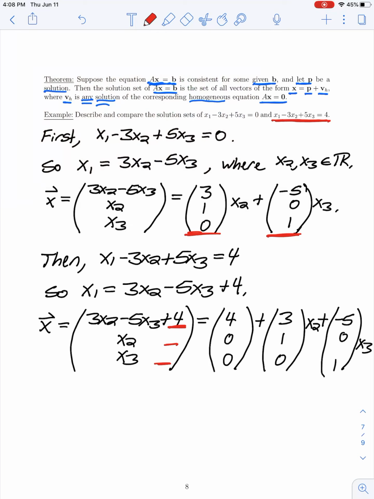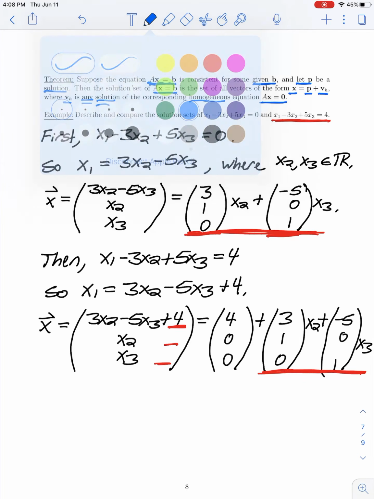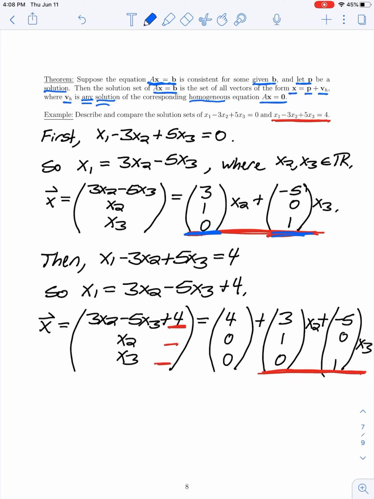Notice that the solution set of the homogeneous equation appears exactly here. So we have a plane spanned by these two vectors, 3, 1, 0 and negative 5, 0, 1. But for the non-homogeneous equation, we've just shifted that plane by 4 in the x1 direction. So here our solution sets describe parallel planes in space.